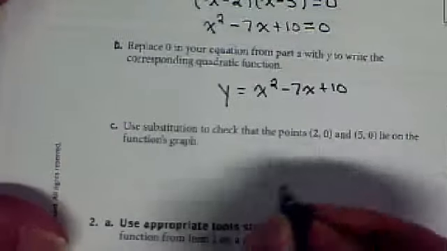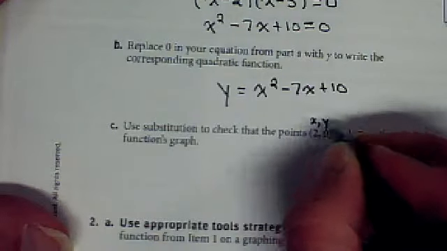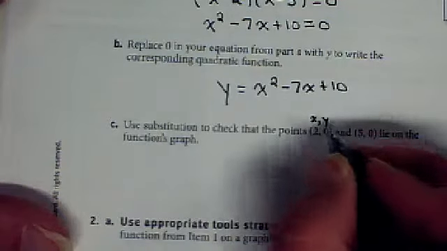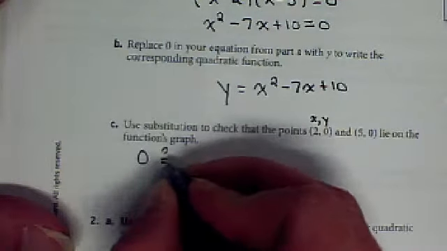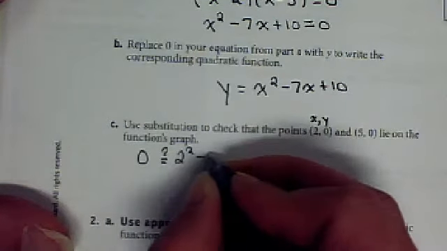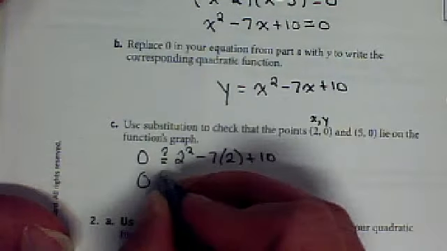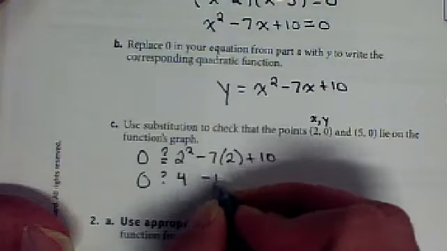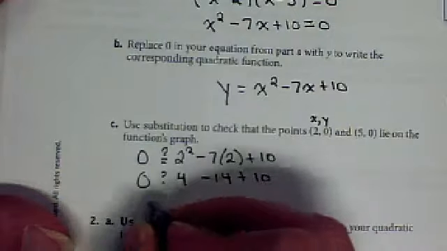Now, could we verify that these 2 points are on this graph? Well, sure. We could plug them in. (2, 0) would be x equals 2 and y equals 0. So does 0 equal 2 squared minus 7 times 2 plus 10? Well, 2 squared is 4, minus 14. So that'd be a negative 10 plus 10.